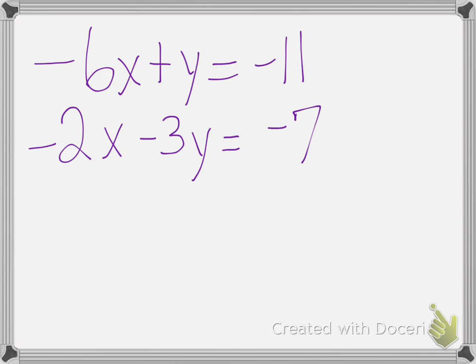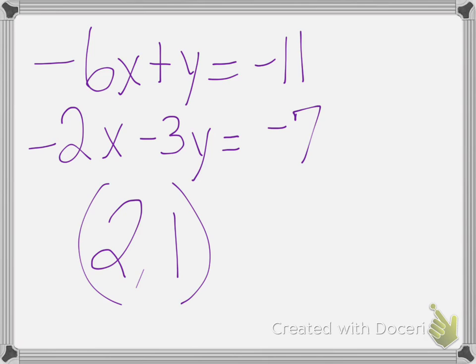Now you can put that in the matrix. Do it right now, and see if you get the same answer. If you do it correctly, all the steps we did in the other video, you should get 2, 1 as the answer.